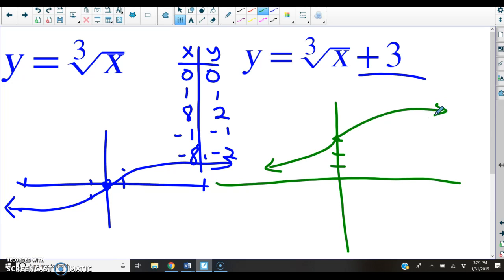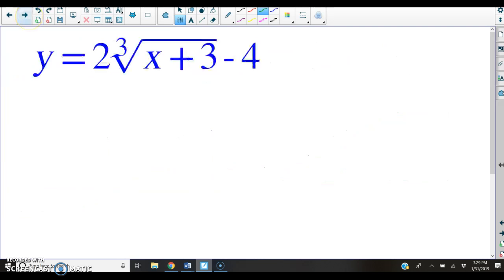Okay, let's see if the next page is the other one. There we go, let's look at this one. What's the +3 going to do? Well, it's grouped, so it should go left 3. What's the minus 4 going to do? Well, it's after the grouping, the parentheses so to speak, so it's down 4. What does this do?